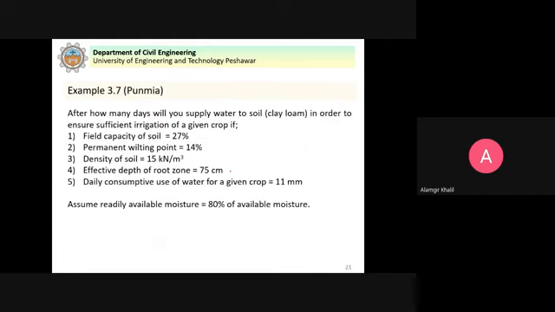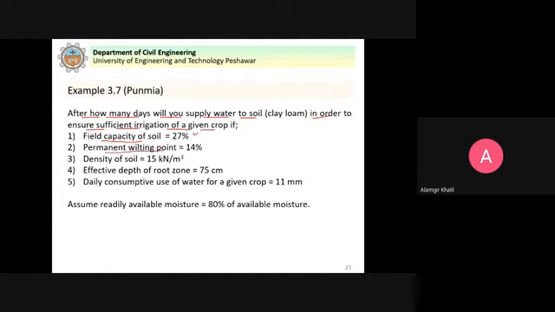So let us try to solve a problem to understand these concepts that we just discussed here. You can see here that the problem is, after how many days will you supply water to soil in order to ensure sufficient irrigation of a given crop. The field capacity of the soil is 27%.